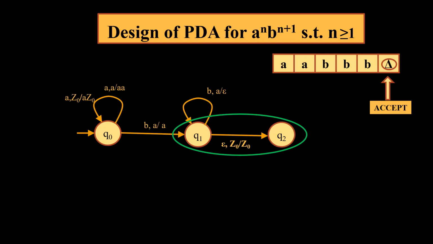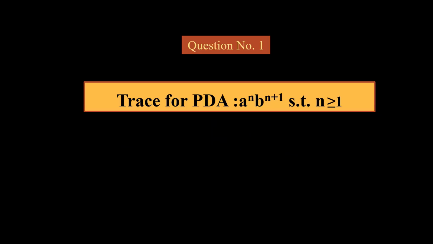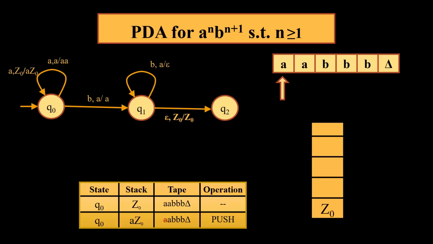So this is acceptance by empty stack. Now we will go in for the trace of this machine for a^n b^(n+1) such that n is greater than or equal to 1. In this case, we have already designed the machine corresponding to the trace. For the tape elements, the trace is given at the bottom of every slide.